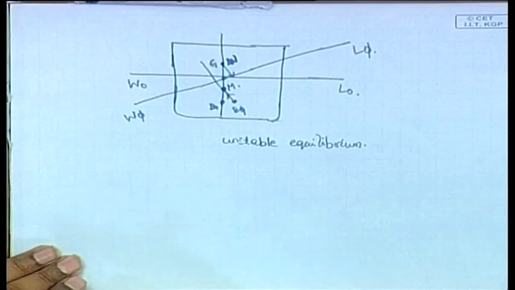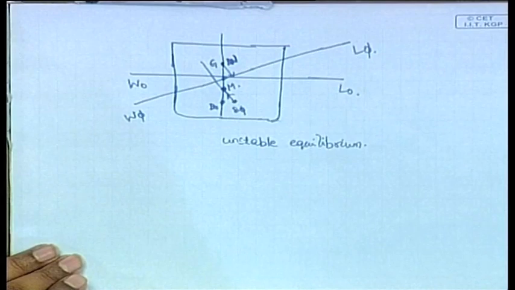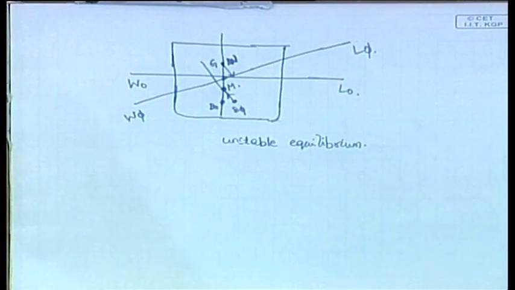Now what we derive from these two figures is that if you have the system such that because of tilting, the metacenter is above the center of gravity, you will have a stable equilibrium. If you have the metacenter below the center of gravity, you will have unstable equilibrium.